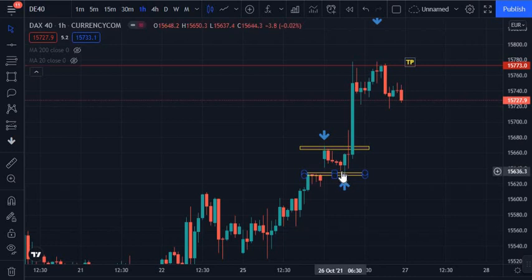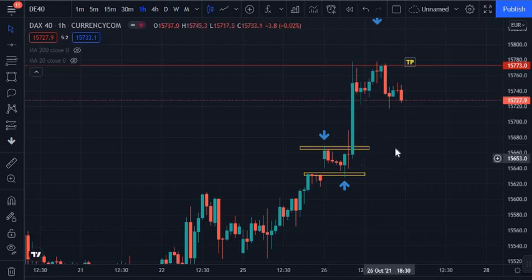It tested our support, it rejected our support, and it moved to the upside, as you can see, and at market open of German 30, which is at 9:30, which is at 9 o'clock, sorry, you could have entered at the break of this and pushed the upside.